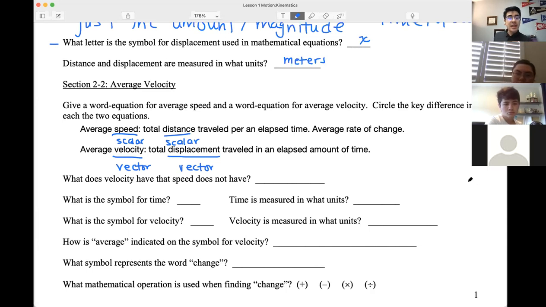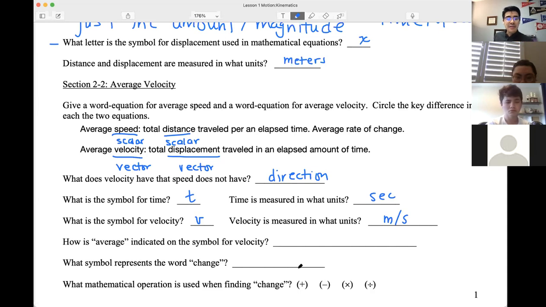So what does velocity have that speed does not have? Direction, there you go. And then the symbol for time, that one's easy, right? Time is t, measured in seconds. And then the symbol for velocity, regular v. And this one's easy, right? Meters per second.